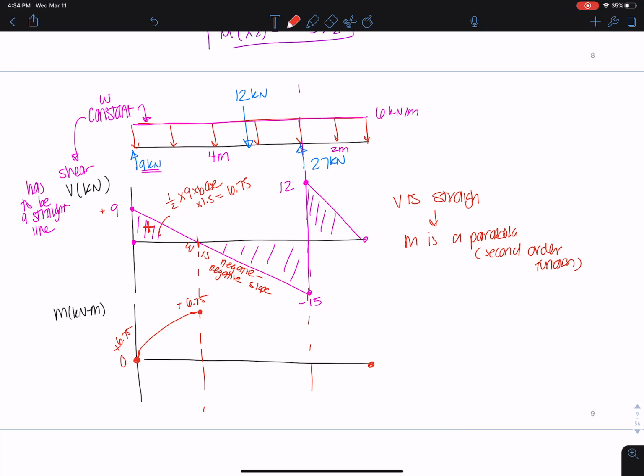We have a positive 9, that's going to be our slope here. And we have a 0, that's going to be our slope here. We have to connect it like this, okay? On the other side too, right? 0 slope, most negative slope here. So we have to connect it back. And if you take the area under this portion, it should bring you back to the point that you're looking at, right? That 0.